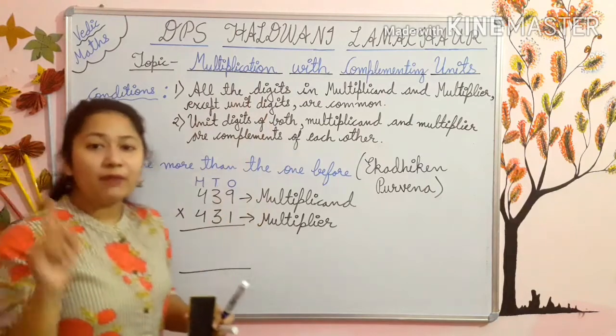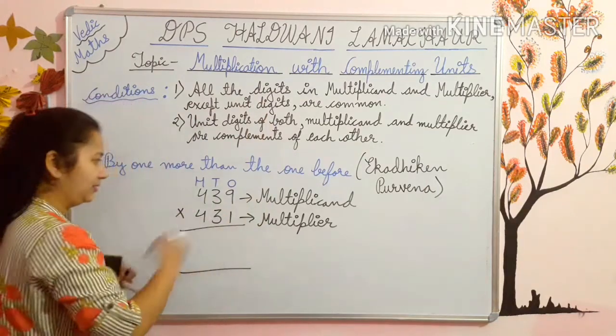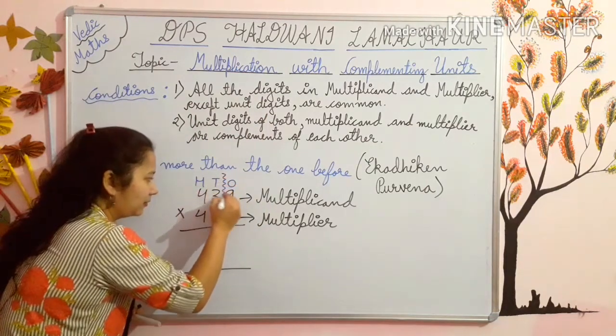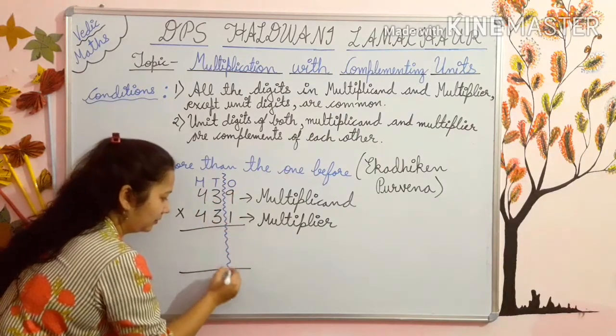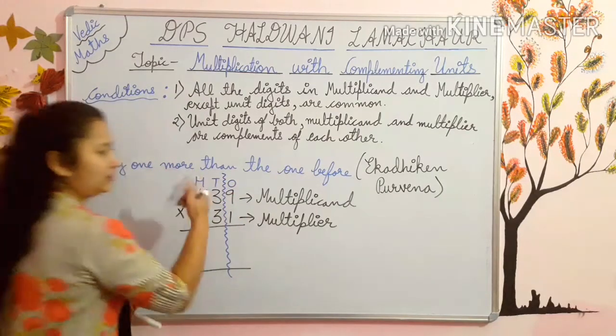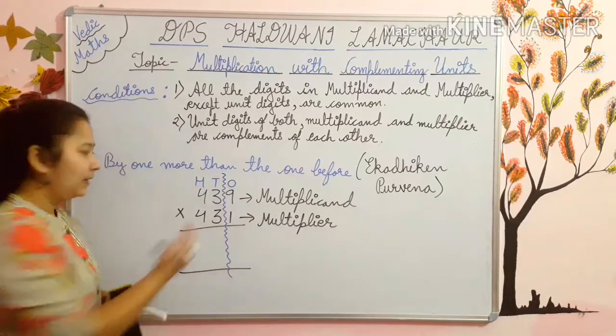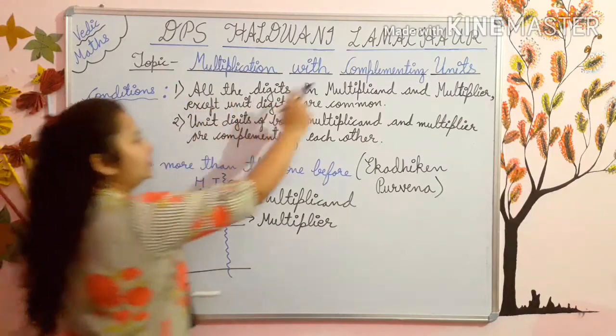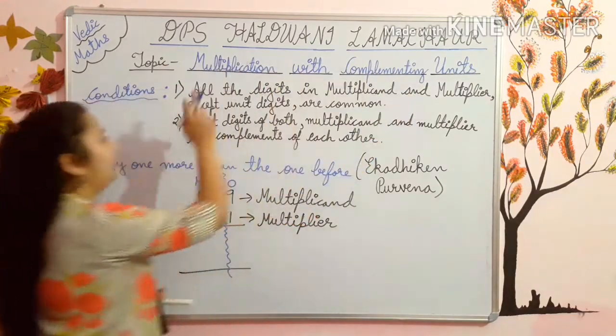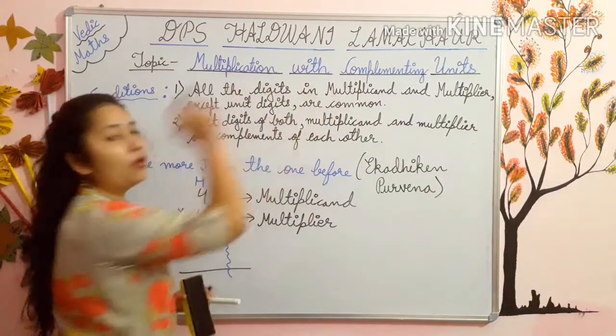You don't have to take the unit digits. Just remove the unit digits. All the digits in the multiplicand and multiplier except unit digits are common.